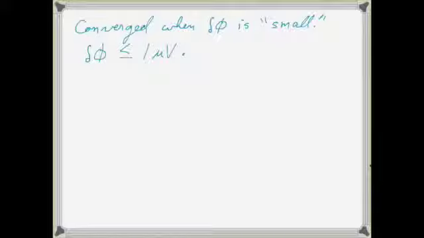And often we may use something even, if delta phi is less than or equal to, say, even 0.1 millivolt, call it done. Depends on how things look. But physically, a tenth of a millivolt doesn't matter. I'm thinking about room temperature. Tenths of a millivolt doesn't matter.